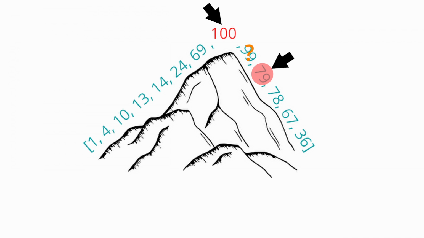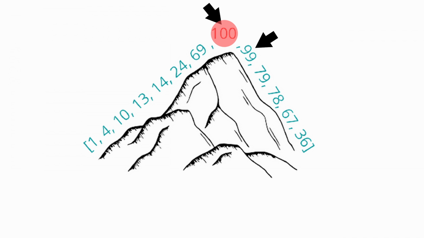And then once again, we calculate our mid, which results in the mid being index 8 with a value of 99. And this value is greater than its right value, so we are still on the descending side of the mountain. So we move our right pointer up to index 8. And then we calculate our mid one last time, which results in an index of 7. So our mid would move to index 7.